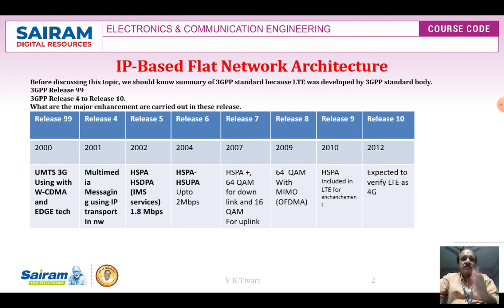So LTE adopted MIMO and OFDMA technology, which is possible with 64 QAM for downlink, and in 2010 HSPA was included in LTE as part of the whole structure of release 8. I told you about WiMAX and OFDMA, but we have taken them into LTE. LTE started from release 9, and release 10 is expected to verify LTE as 4G.